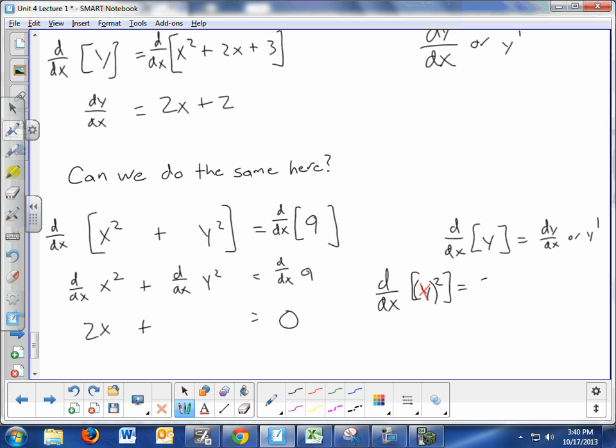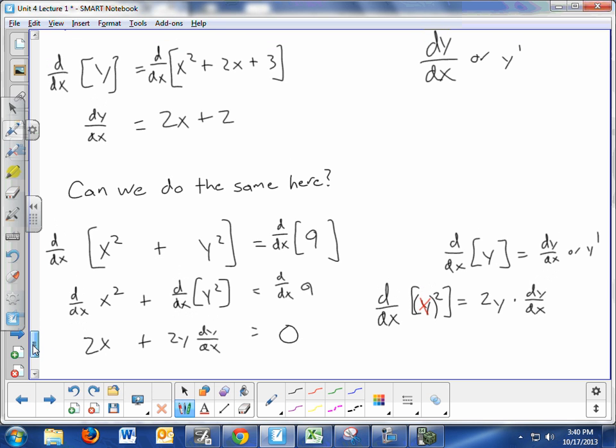So we got 2y times the derivative of my inside. The derivative of the inside, which is the derivative of y, is dy dx. So it turns out the derivative of y squared is not 2y. The derivative with respect to x of y squared is 2y dy dx. I know, trust me, it'll get more annoying and more complicated.